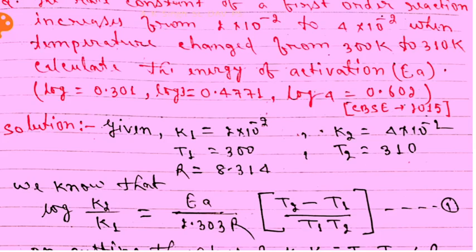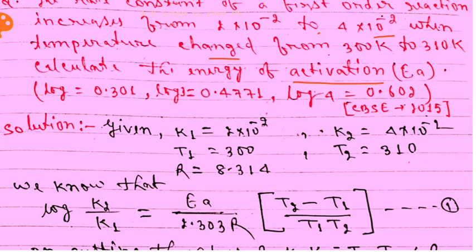The rate constant of a first order reaction increases from 2 into 10 to the power minus 2 to 4 into 10 to the power minus 2 when temperature changed from 300 Kelvin to 310 Kelvin. Calculate the energy of activation.